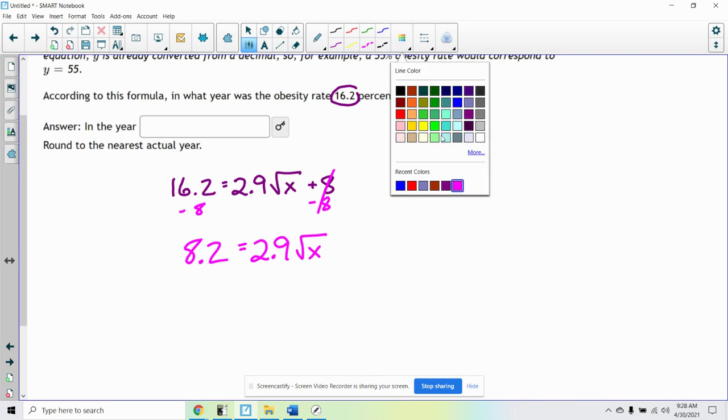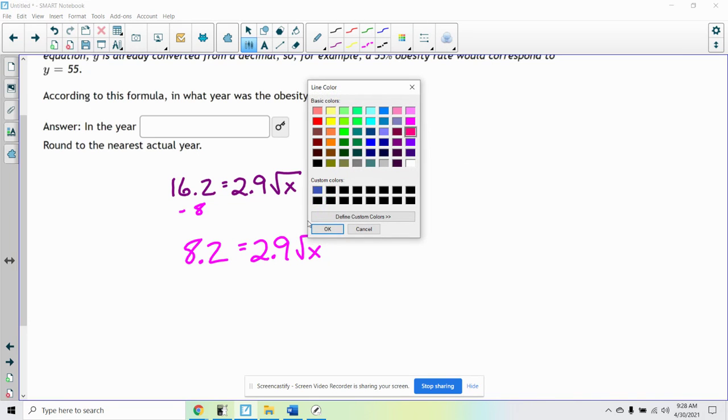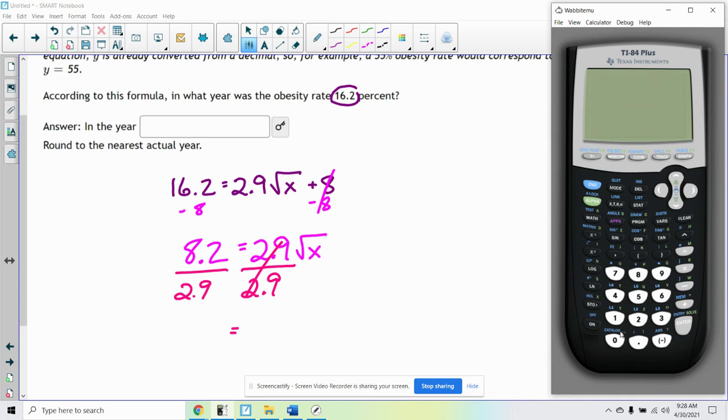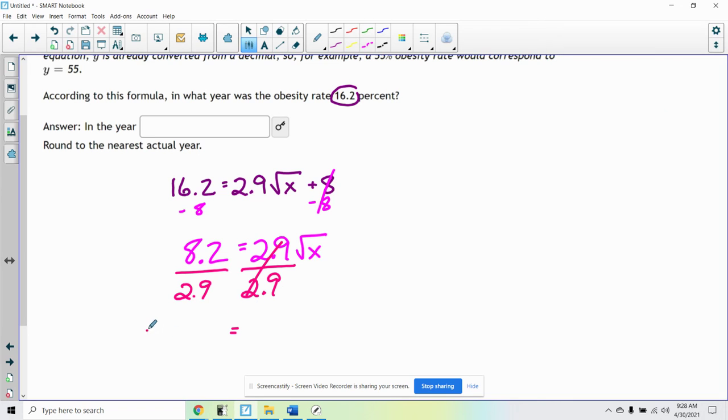I want to get the square root of x by itself, so I'm going to divide both sides by 2.9. I get 2.8276 equals the square root of x.